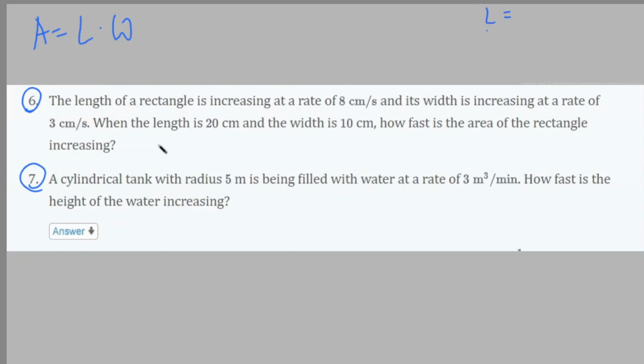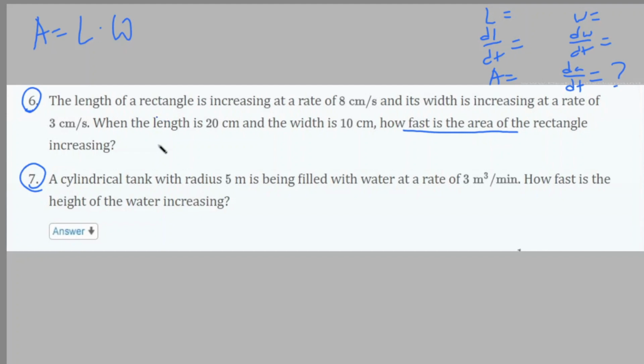Let's write down L over here, dL dt, and we have W over here, dW dt, and then area over here, and then dA dt. So what are we trying to find out here? We're trying to find out how fast is the area. So dA dt is our unknown, that's what we want to find out.